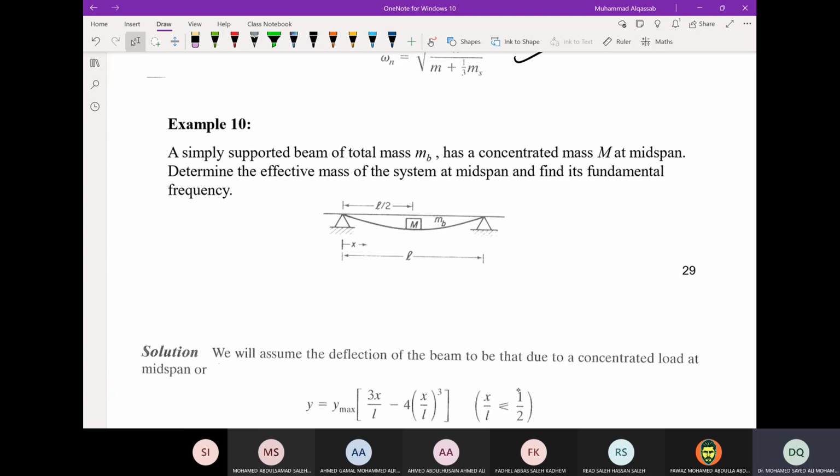The question is to find its fundamental frequency. Since there is mass, we have to include the mass in the first mode, and the deflection at vibration is to be assumed. The one used is the deflection of a simply supported beam under concentrated load.